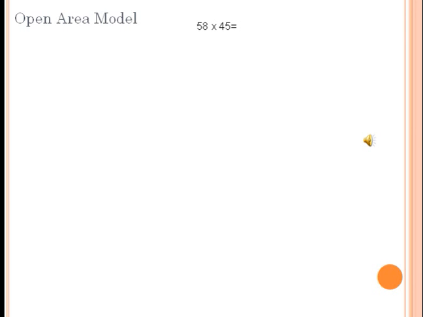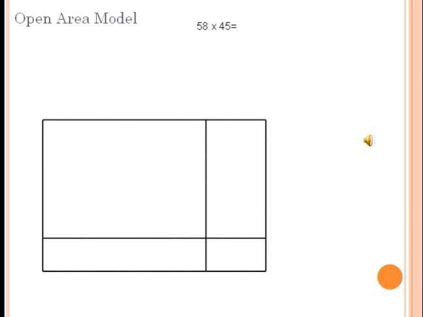Kids know that when solving 58 times 45, the shape of it is going to be a rectangle. They often already make the divisions inside of it to show the number in the tens place and the number in the ones place for both dimensions. And just like before, that left us with 4 multiplication problems.